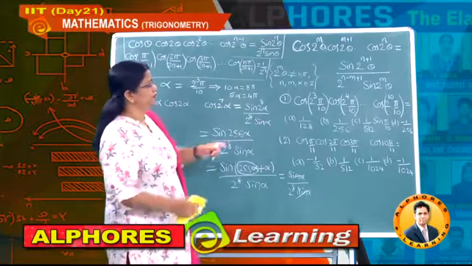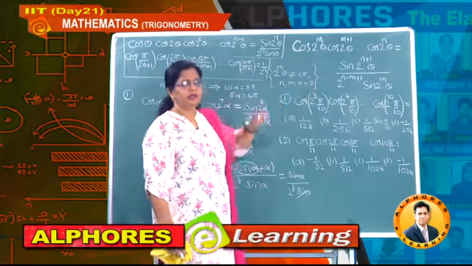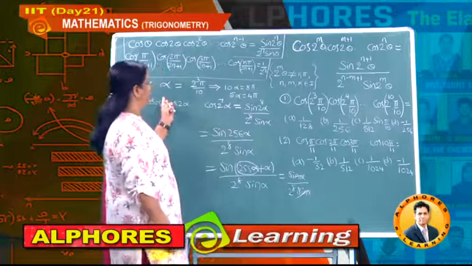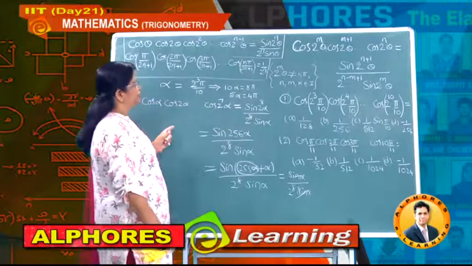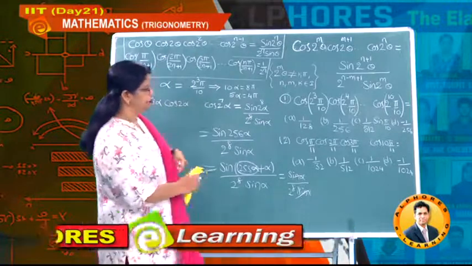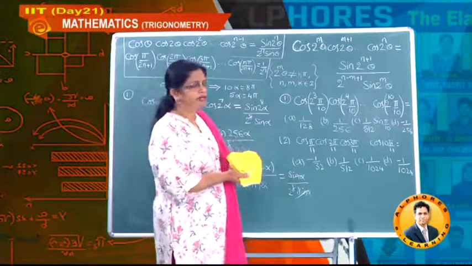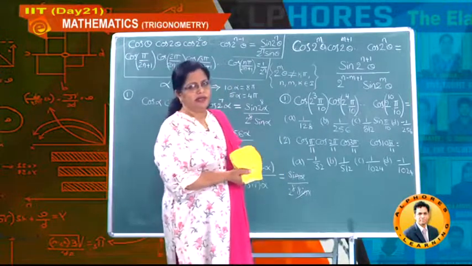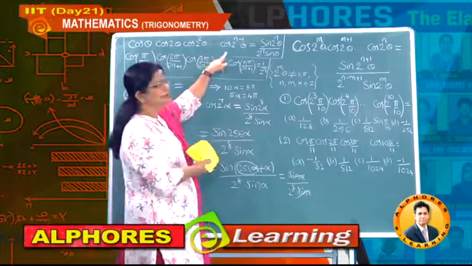Okay. Even if you substitute here, you will get the same answer, and you can do it in this way also. Whatever the starting value may be, from there onwards you can observe exactly the concept of this formula.